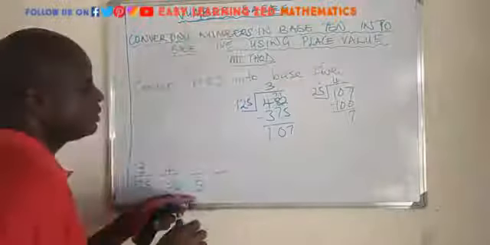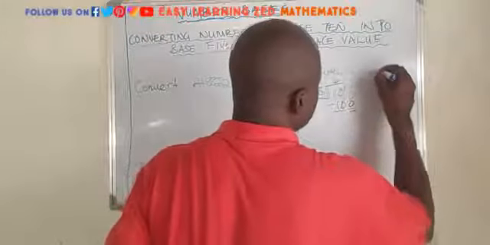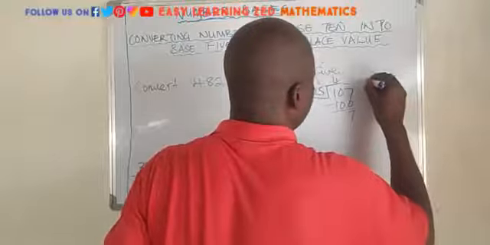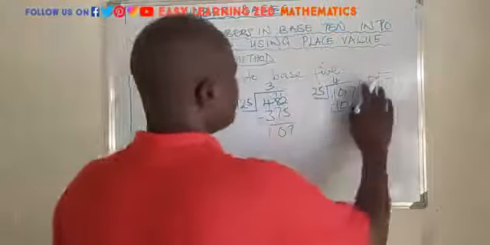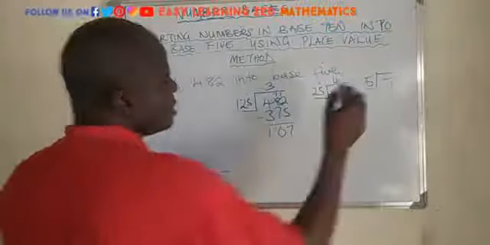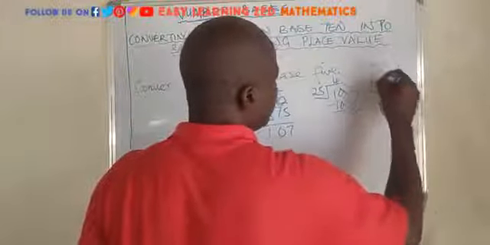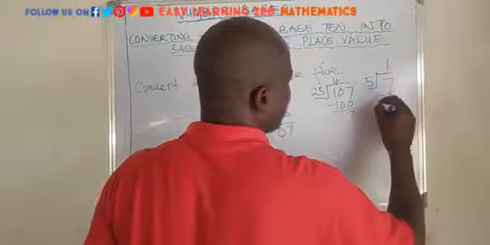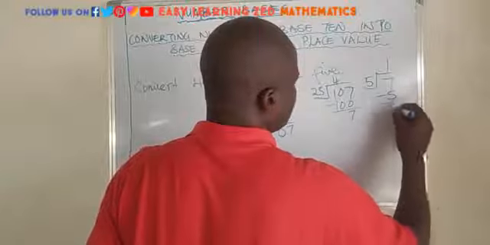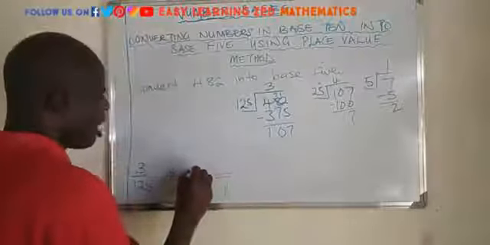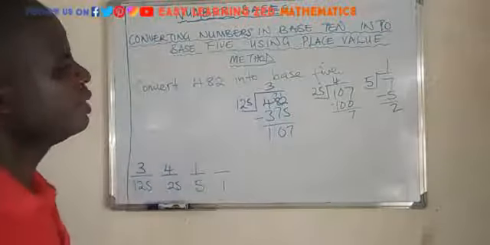Can 5 go into 7? Yes. How many times can 5 go into 7? It can go 1 time, which gives us 5. Minus, we are left with 2. So it can go 1 time, remainder 2.